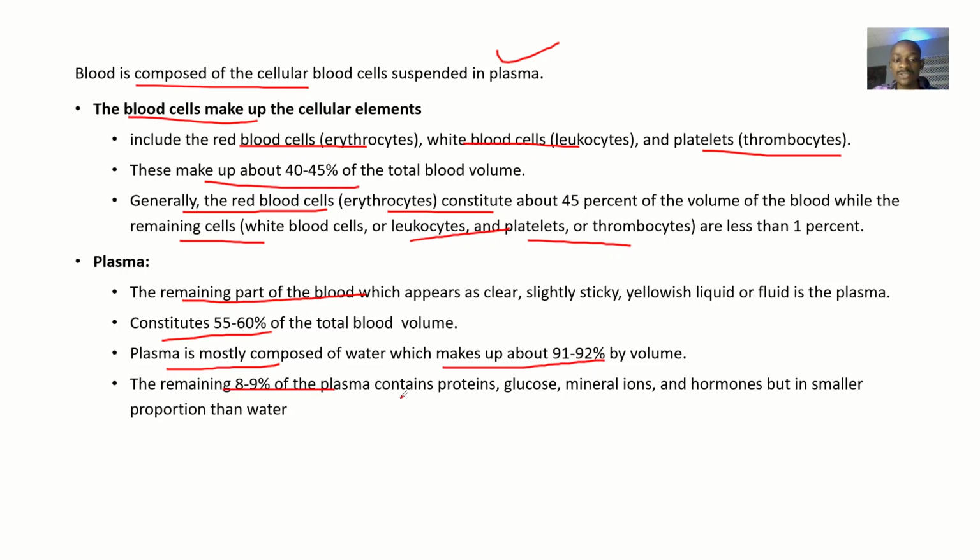The remaining 8 to 9% of plasma contains things like protein, glucose, mineral ions, and hormones, but in smaller proportion than water, of course. So water is the greatest component of plasma.